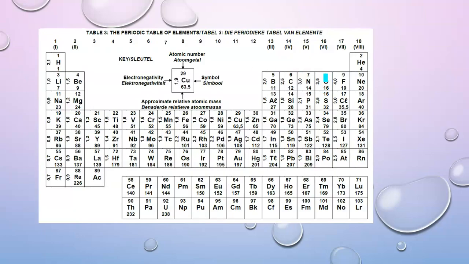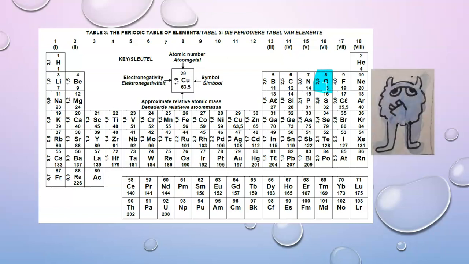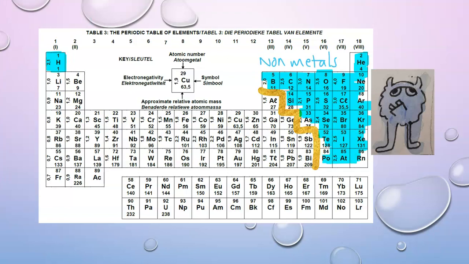And to do that, I am going to use Olivia as our test subject. So during school camp, we turned oxygen into Olivia, which is a little monster because she is a non-metal. And just to recap that very quickly, the non-metals, hydrogen is sort of an odd one out, but all these on the right-hand side are your non-metals, your little monsters.